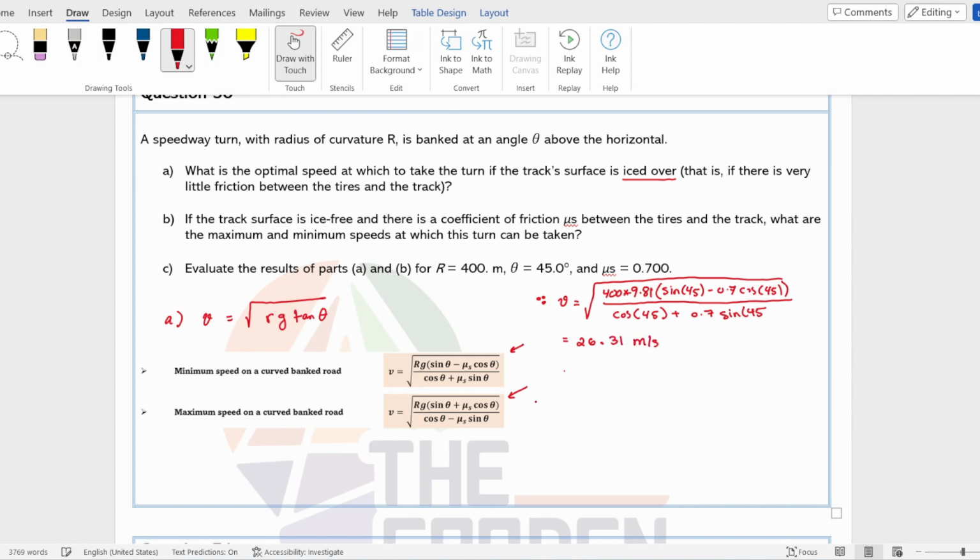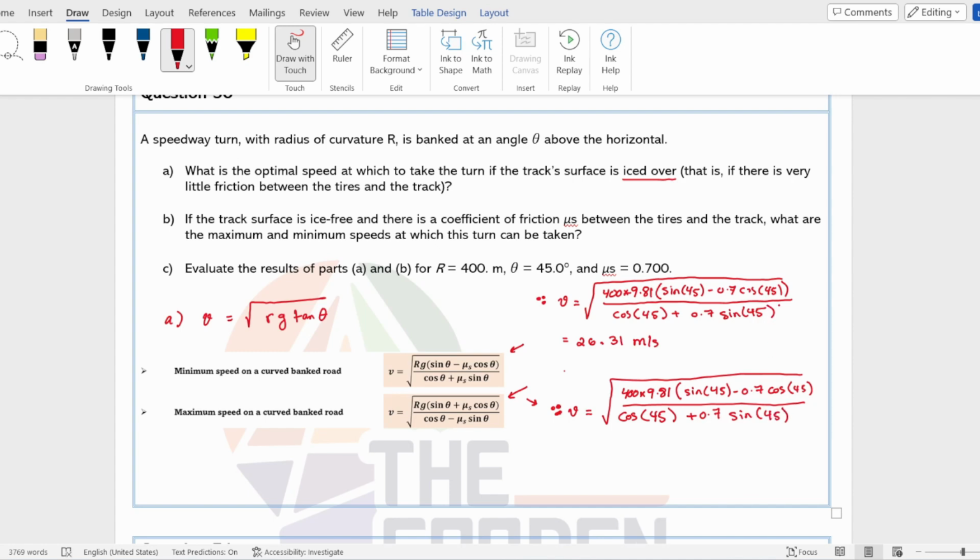Okay, now let's go to the second one. We say that V is equal to the square root again, and we have 400 times 9.81 multiplied by (sine 45 minus 0.7 cosine 45) divided by (cosine 45 plus 0.7 sine 45).